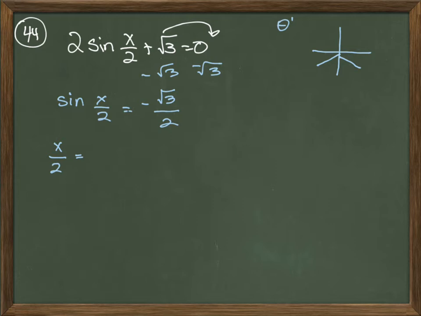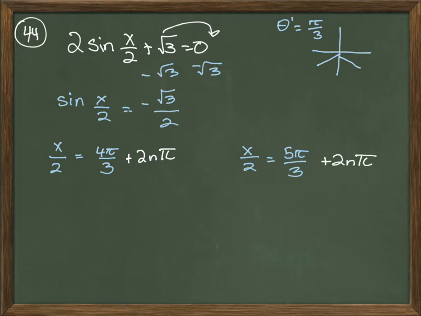Always go back to the reference angle. So if you are in quadrant 3, then the angle is 4 pi over 3. And in quadrant 4, the angle is what? Anybody? 5 pi over 3. Plus 2n pi, plus 2n pi.